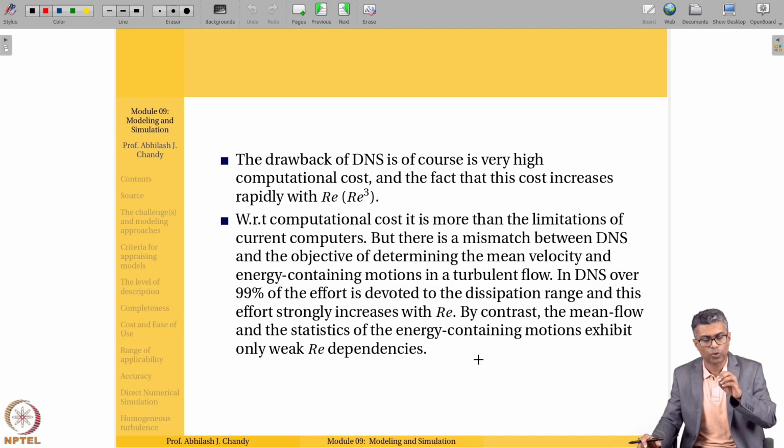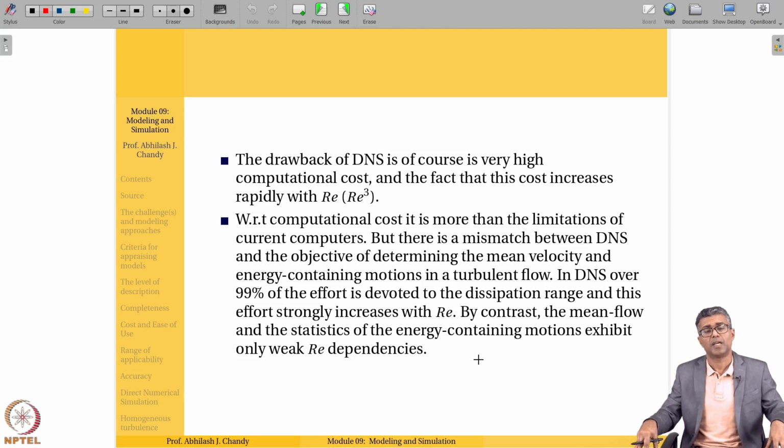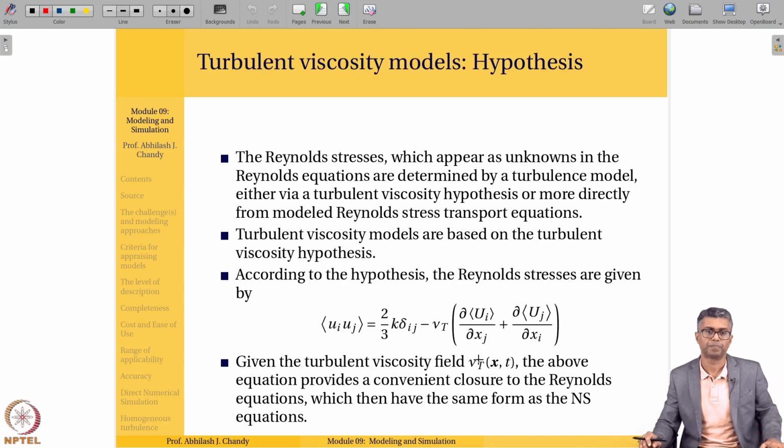Again, those numbers are arbitrary right now. Those are not correlated exactly, but I'm just, as an example, telling it to you. 90% of the cost is spent on capturing 10% of the energy. So why not just spend 10% of that effort on capturing 90% of the energy? So that is with regard to DNS.